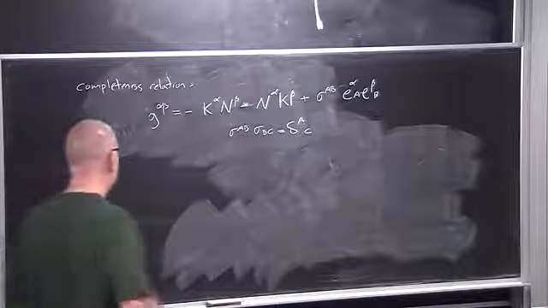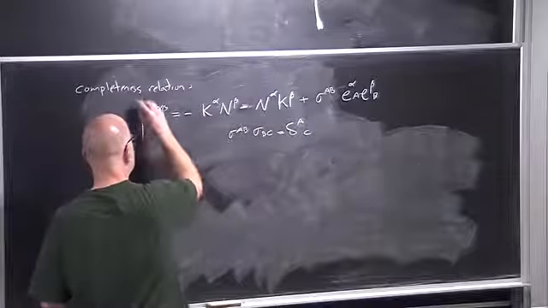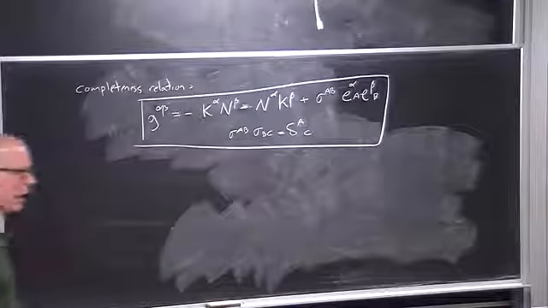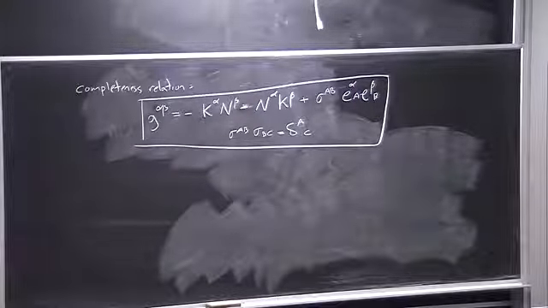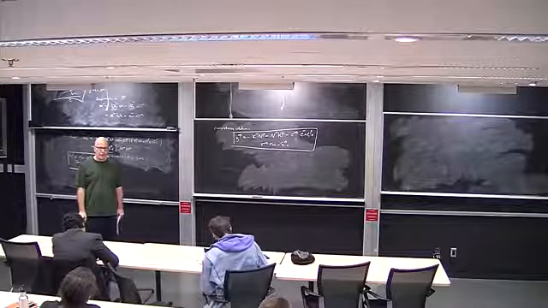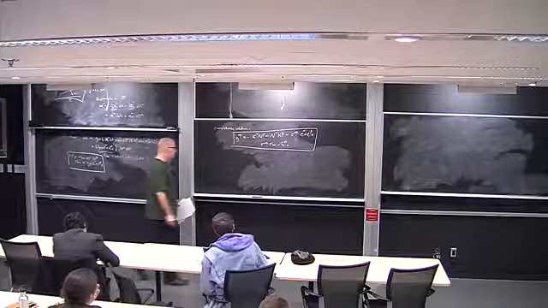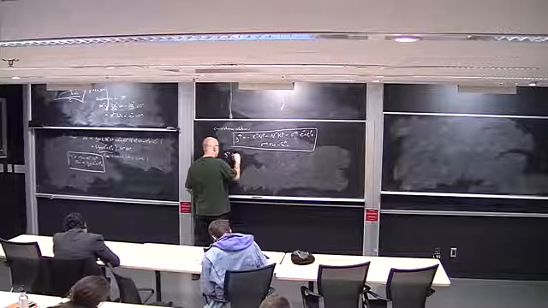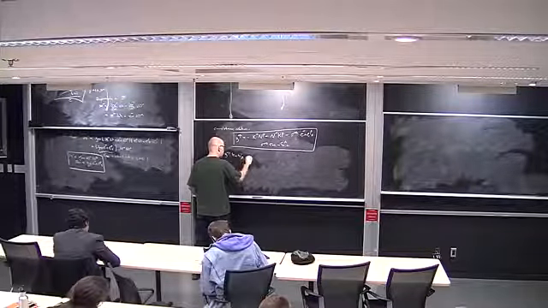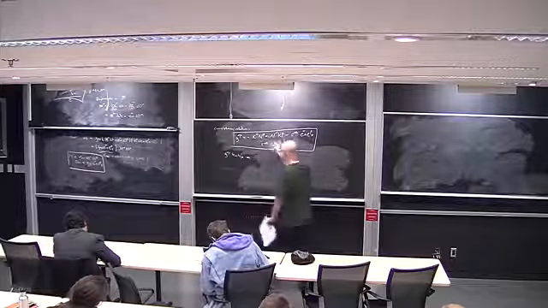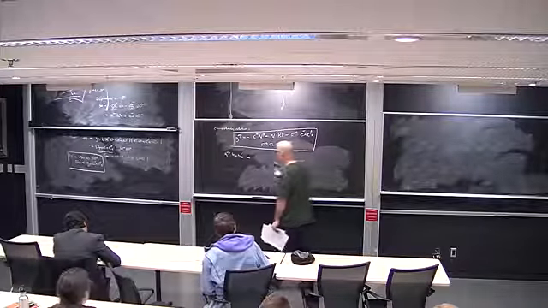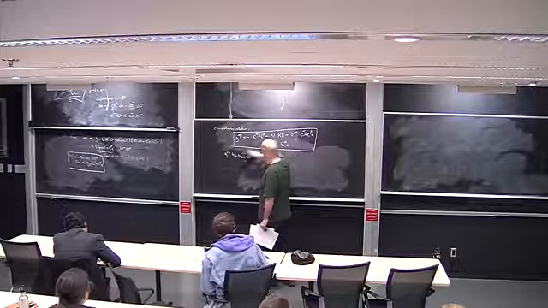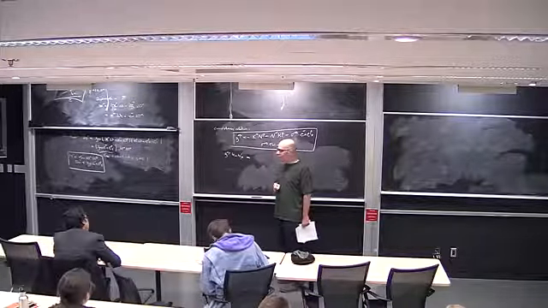And you can check that those are valid completeness relations by making sure that all the inner products that you can work out between all the vectors give you what they should be giving you. So for example, if you work out the inner product between k and n, just applying this decomposition, the first term gives you 0 because you're multiplying k with k, and with n, and that gives you 0.